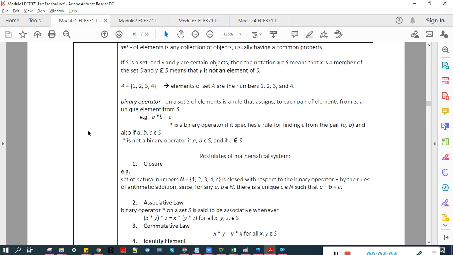For example, we have A and then we have this binary operator. We perform this binary operator on both A and B. The result is C. This symbol is a binary operator if it specifies a rule for finding C from the pair A, B, and also if A, B, and C are all elements of the same set S. That's the rule for using the binary operator.